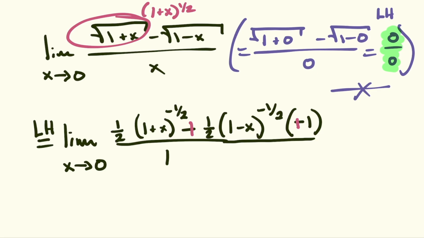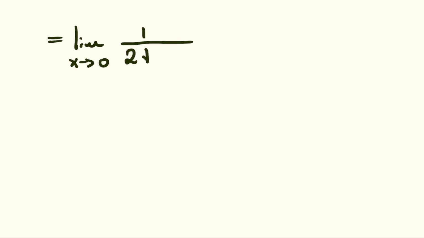All right, we can rewrite this. We are going to get the limit as x goes to 0. Instead of writing that over 1, we're going to ignore it because we can. And the other stuff, the 1/2, let's write this all out as a fraction. 1/2 and x to the negative 1/2, we're going to think of that as a square root in our denominator.